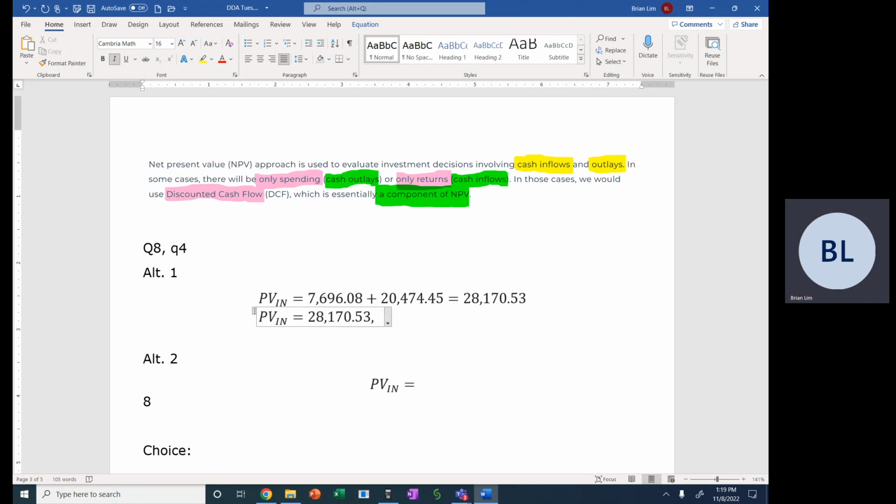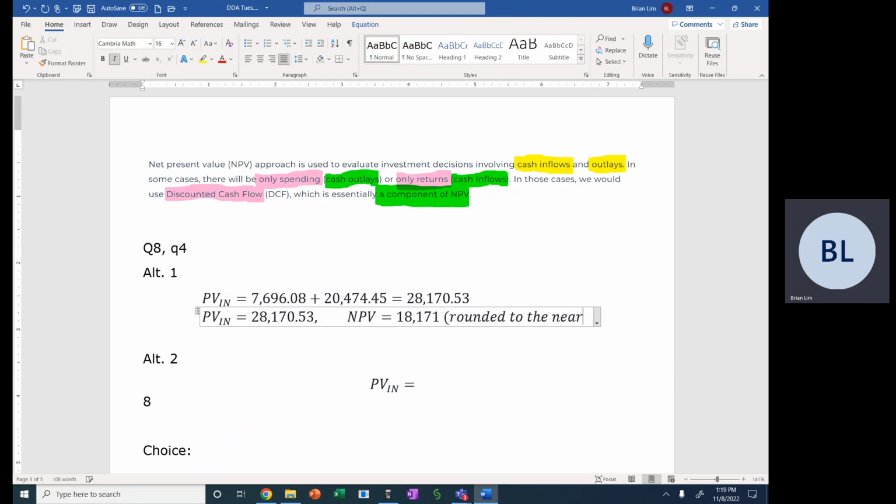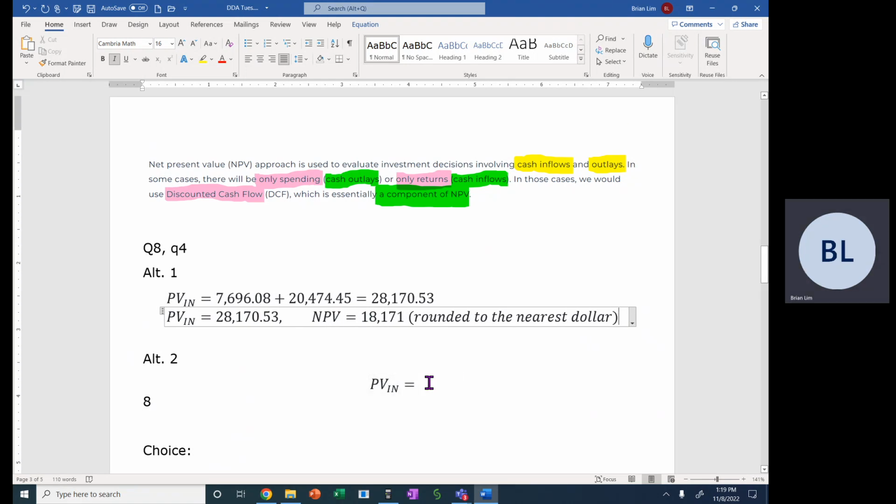And then we can put in net present value for option number 1 is equal to $28,171, rounded to the nearest dollar. And it held. Okay, great. So that is for option number or alternative number 1.